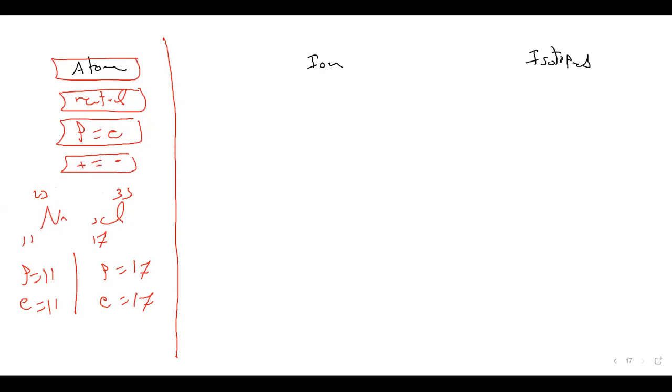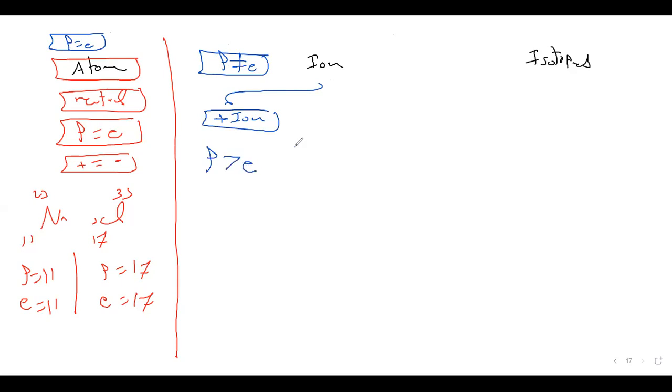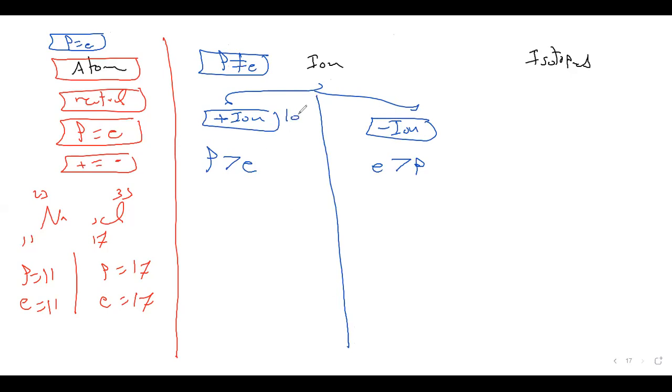While in the case of an ion, protons are not equal to electrons. So we must have a positive ion or a negative ion. In a positive ion, protons are greater than electrons. In a negative ion, electrons are greater than protons. Because positive ions refer to losing electrons, while negative ions gain electrons.